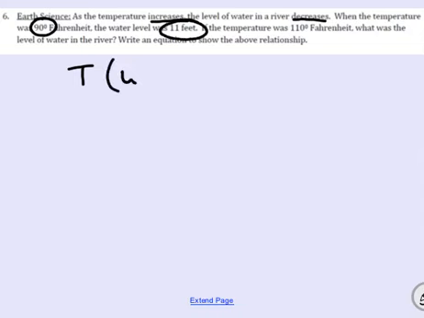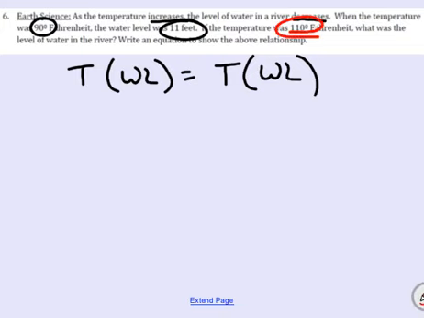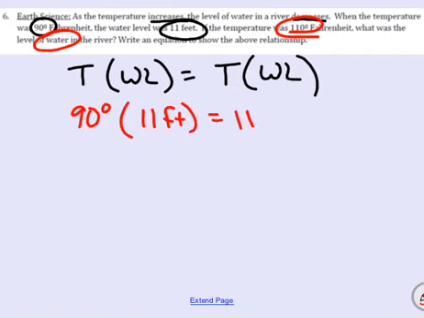So temperature times water level is going to equal temperature times water level. So we could figure this out. So 110, what was the water level of the river? What I would do is the first temperature was 90 degrees. The water level was 11 feet, equals the second temperature is 110 degrees. The water level was our variable.